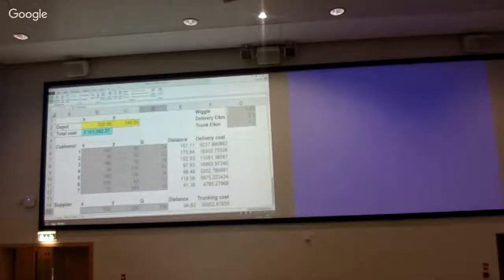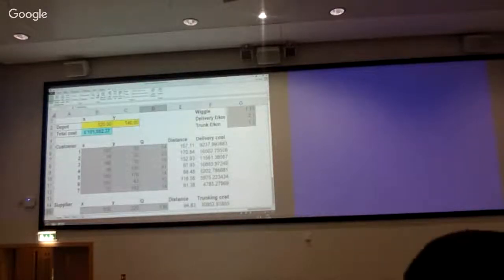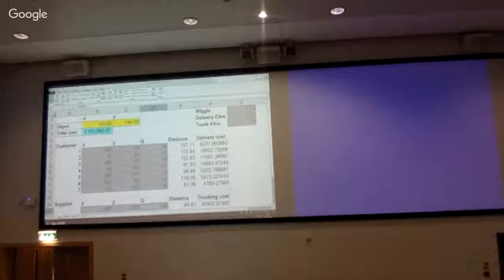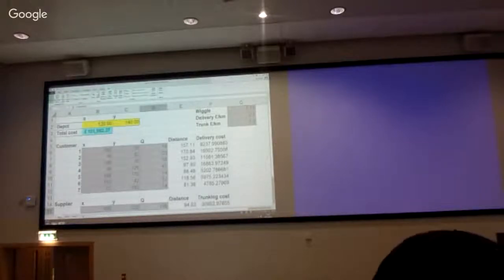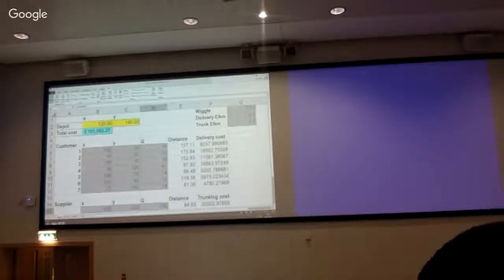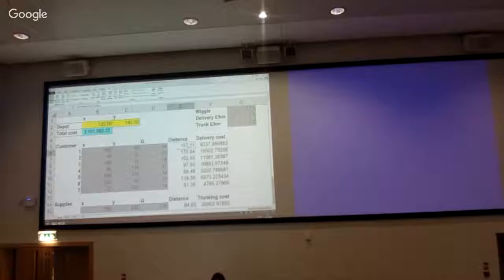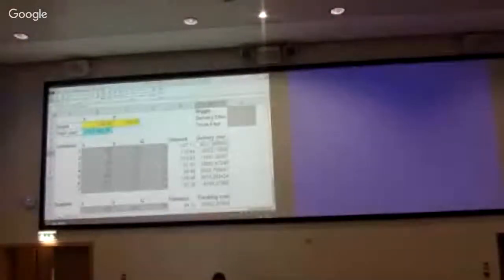What you could do is put the wiggle factor, 1.15, into all the delivery costs, or into all the distances, or something like that. But you don't do that because you want everything to be visible. And when you change it a little bit, you don't want to be changing all the formulas. So the formulas stay as they are. Now, distance is somehow calculated, the cost is somehow calculated using those formulas that we had.